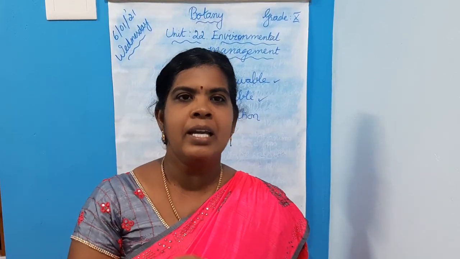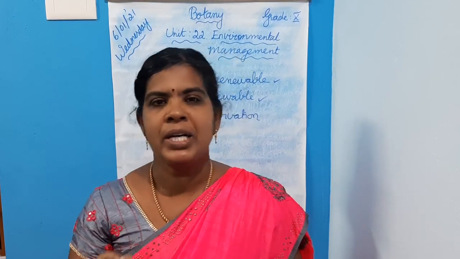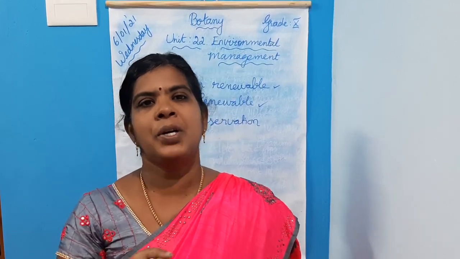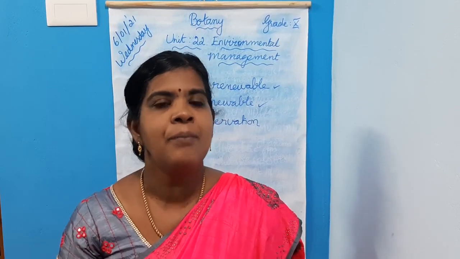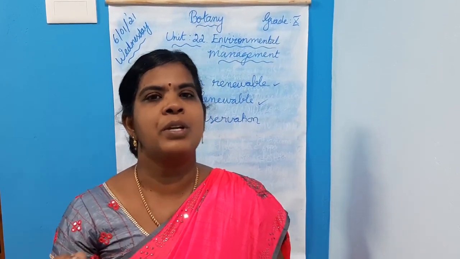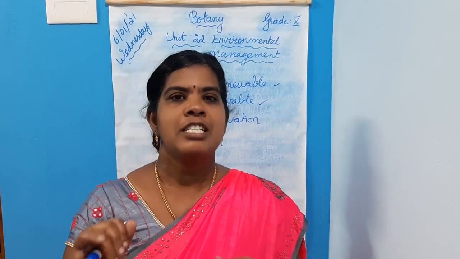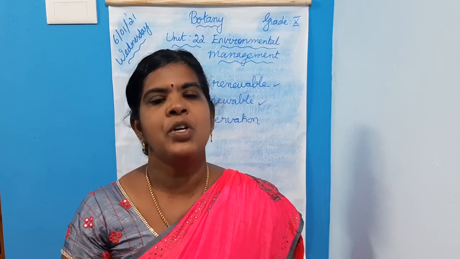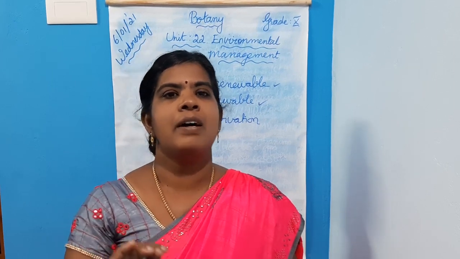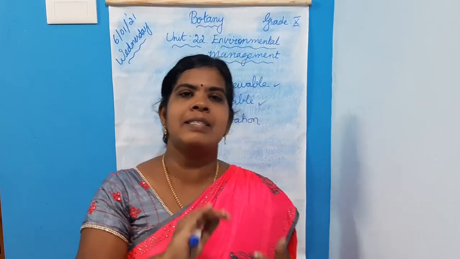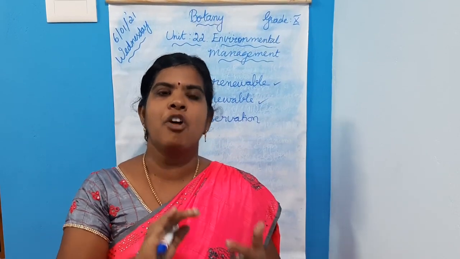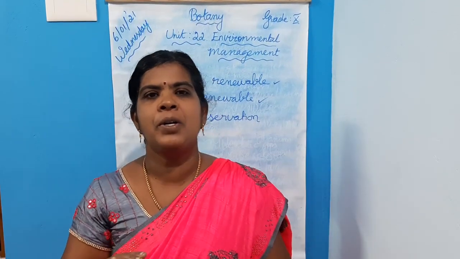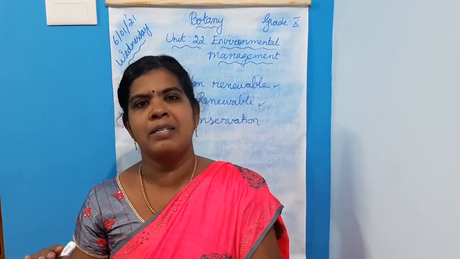So what do you mean by biotic? Living components. Abiotic, non-living components. Biotic components found in forest: plants and animals, isn't it, ma'am? Then abiotic components found in forest: wind, temperature, solar energy, water. These are the abiotic components found in forest. So the biotic components totally depend on the abiotic components, isn't it, ma'am?